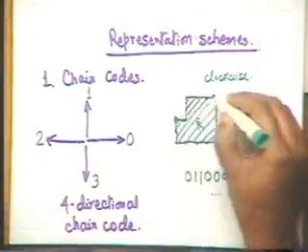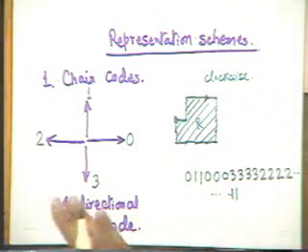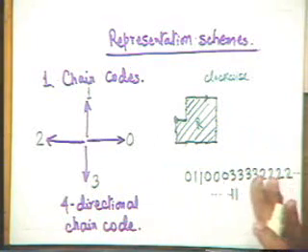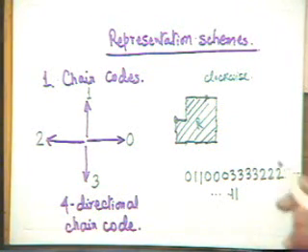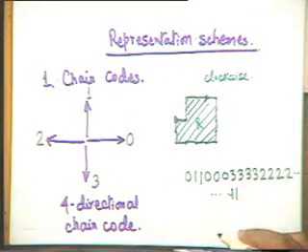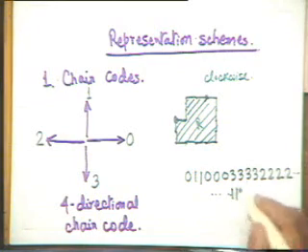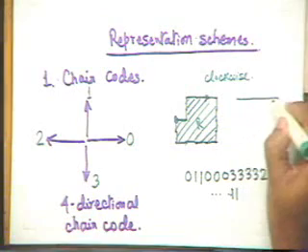Firstly, it is heavily dependent upon the starting point. If we hadn't considered this as the starting point, and had considered this pixel as the starting point instead, then the entire code would have been different, or rather shifted. Secondly, supposing we tilt this entire object by 90 degrees, let us consider the object now like this.